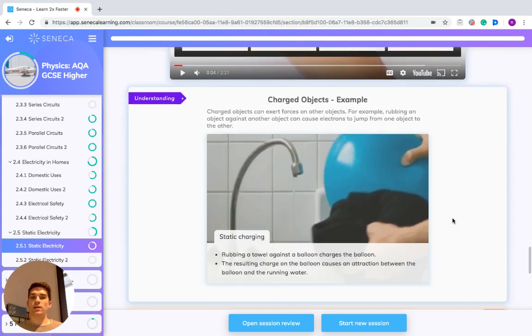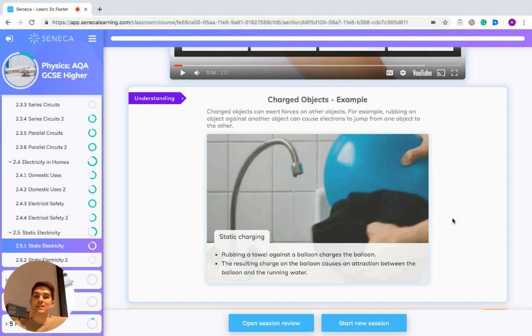So if we look at an example with charged objects, we know that already that charged objects can exert forces on other objects. So for example, we talked about earlier, rubbing another object to cause electrons to jump from one to the other to create the charge, which then can repel or attract other things.